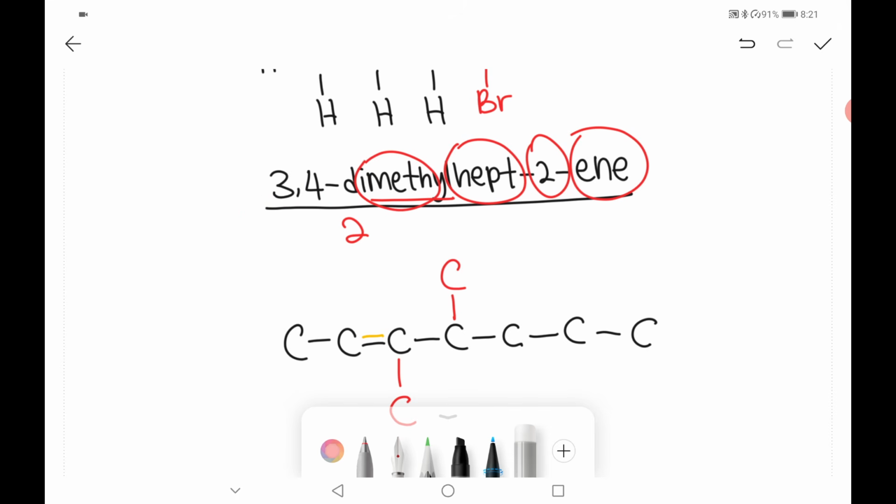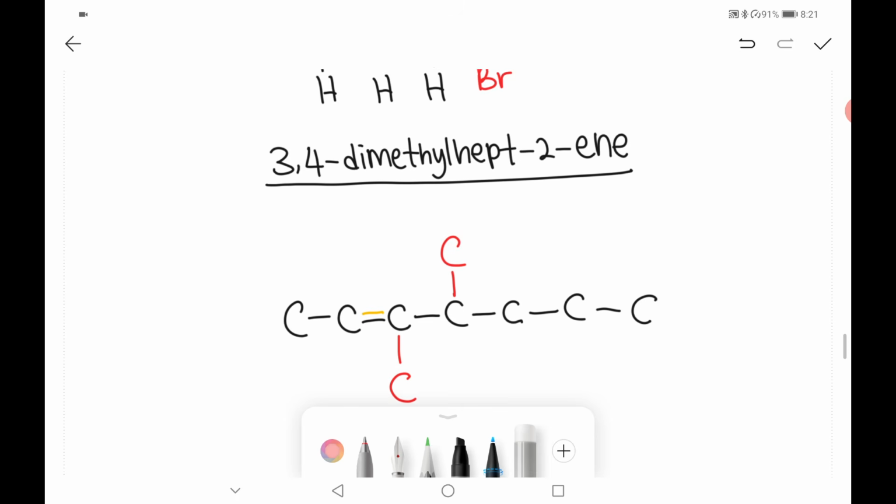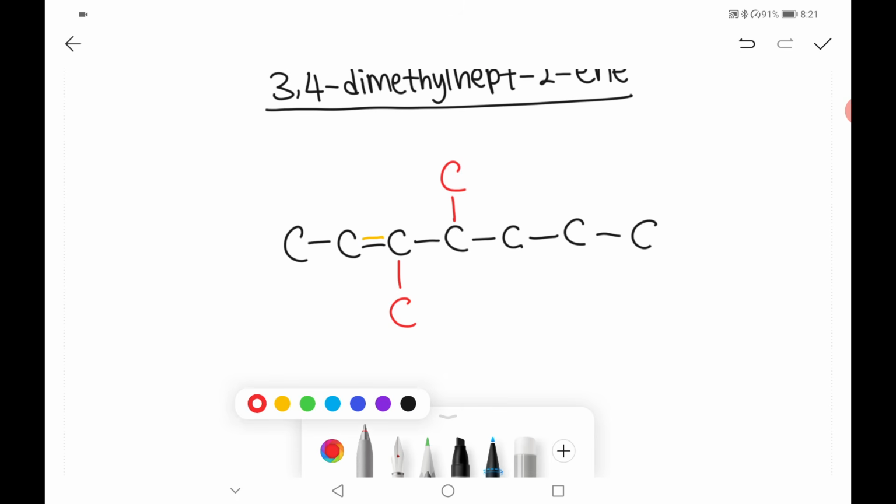Now we just need to put in the last thing, the hydrogen. To put in the hydrogen, we need to make sure every carbon has 4 bonds.